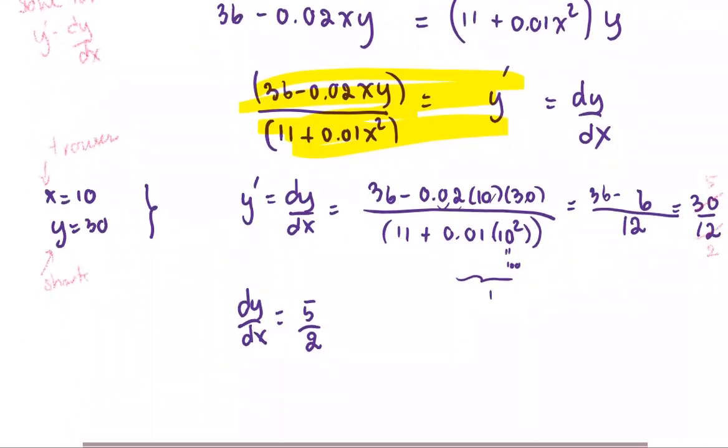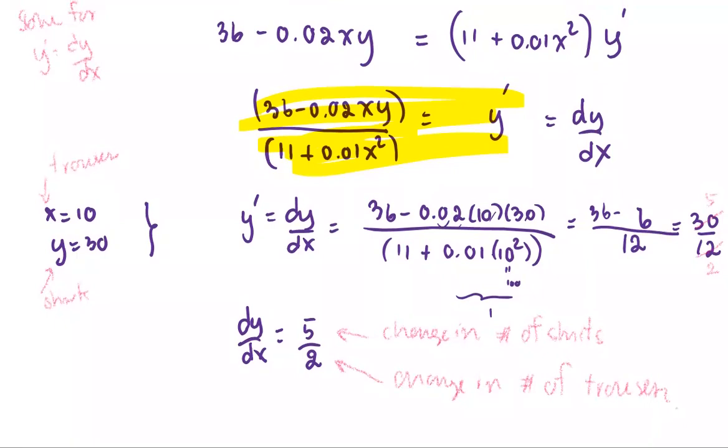What does it mean? This is the change in the number of y, which is the shirts, and the 2 is the change in the number of trousers, and both are in the positive direction. So that means if there is a change in trousers by 2 pairs, there will be a change in shirts by 5.